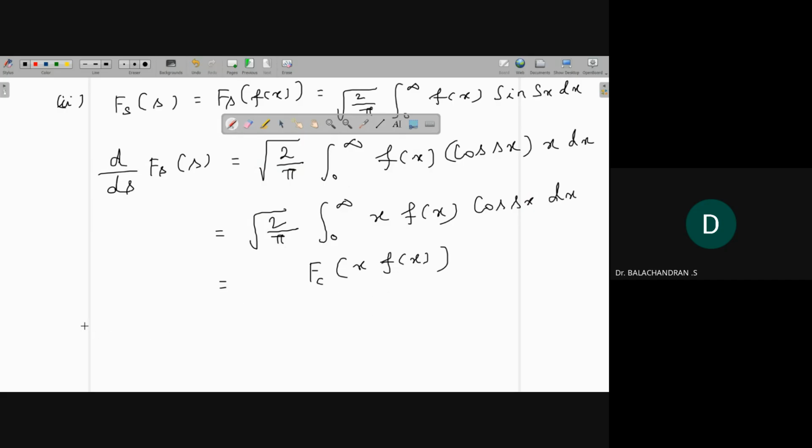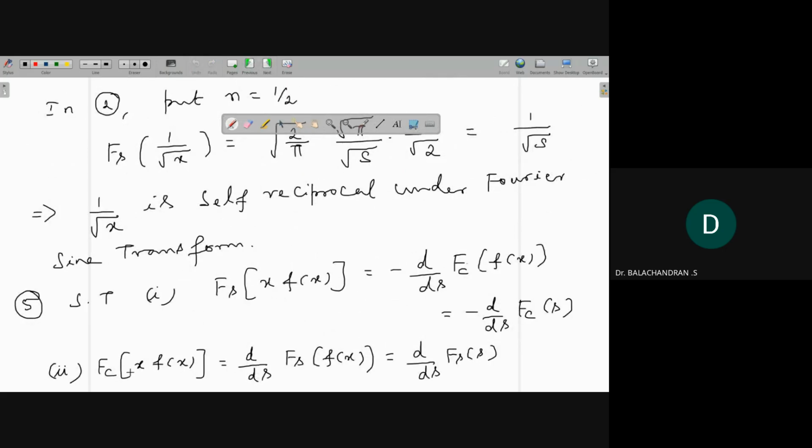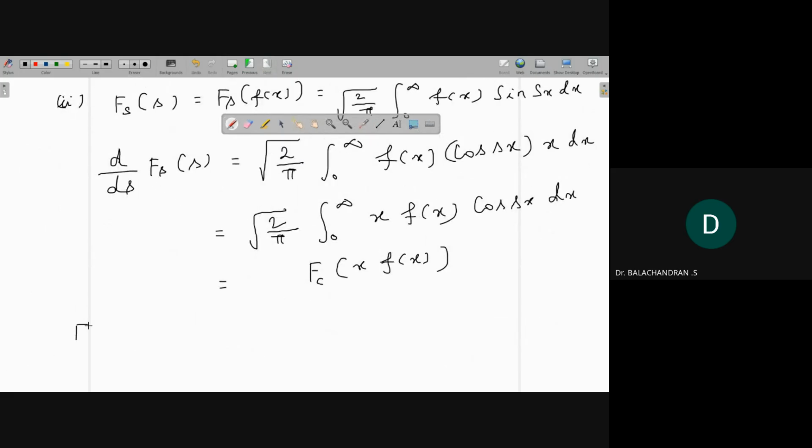Okay, now please check: Fc of x into f of x is equal to d by ds of Fs of s, which is equal to d by ds of Fs of f of x.